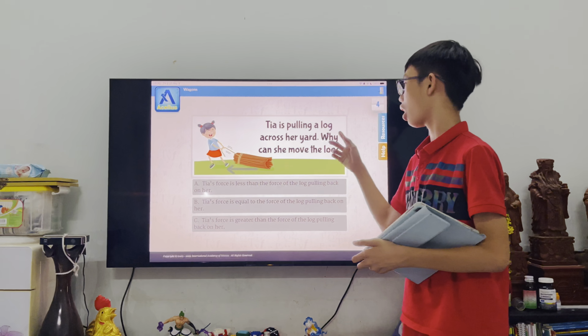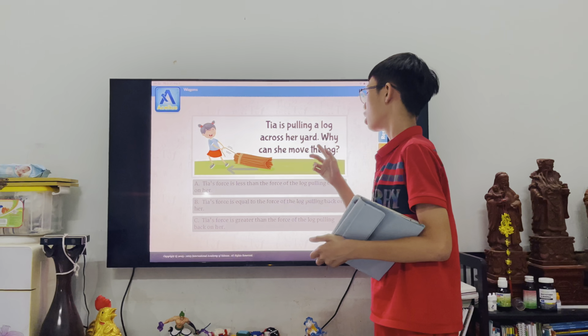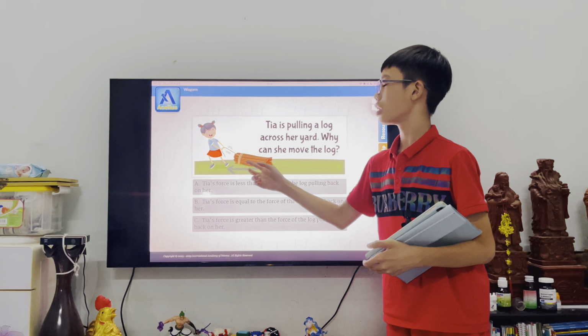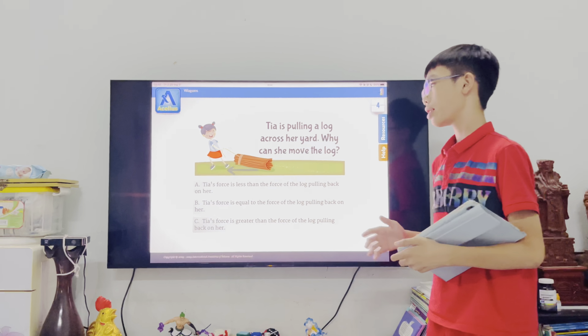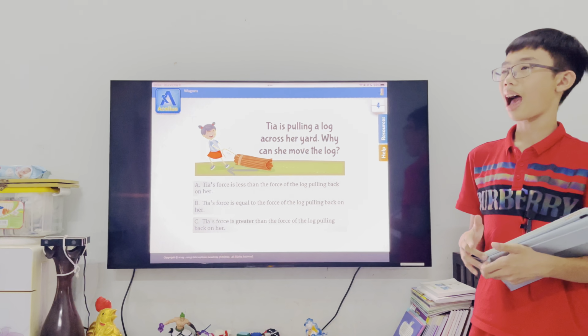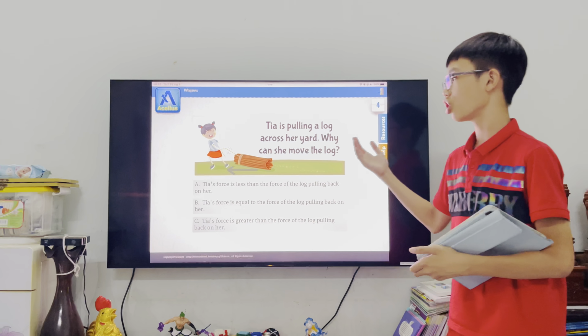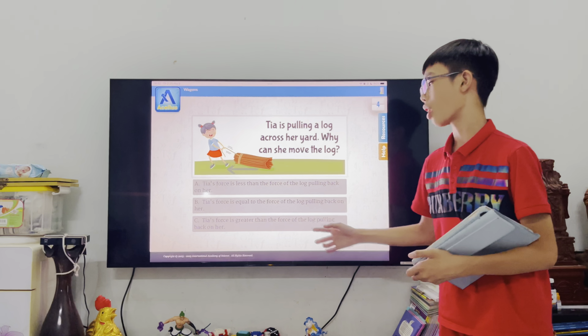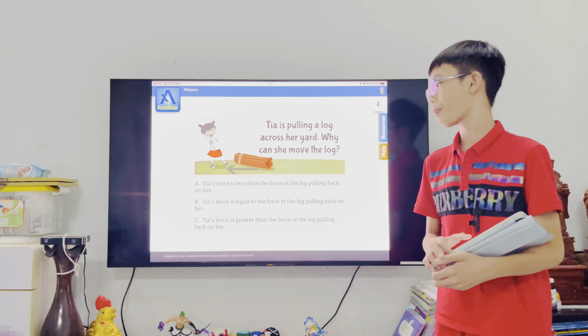Tia is pulling a log across a yard. Why can she move the log? When this girl can move the log, this means that she has greater force than the log has. So C, Tia's force is greater than the force of the log pulling back on her.